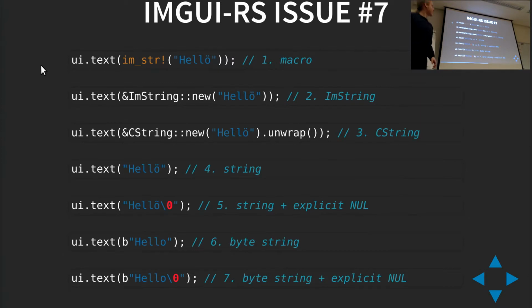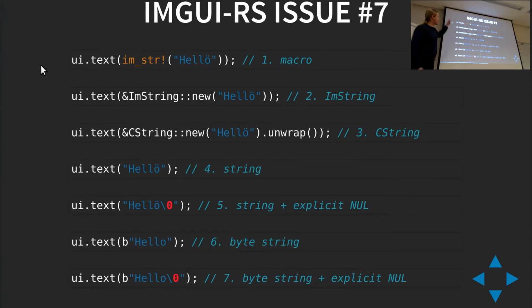So this led to GitHub issue number 7. If you want all these details, you can go there and read this stuff. But I thought really hard, what kind of syntax options are there that could be used?